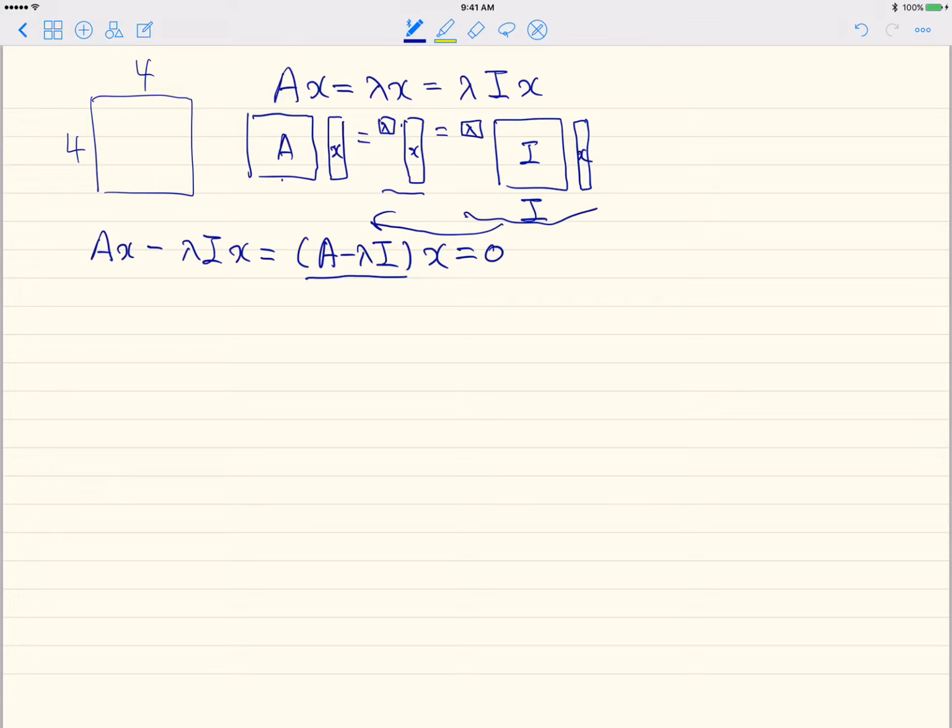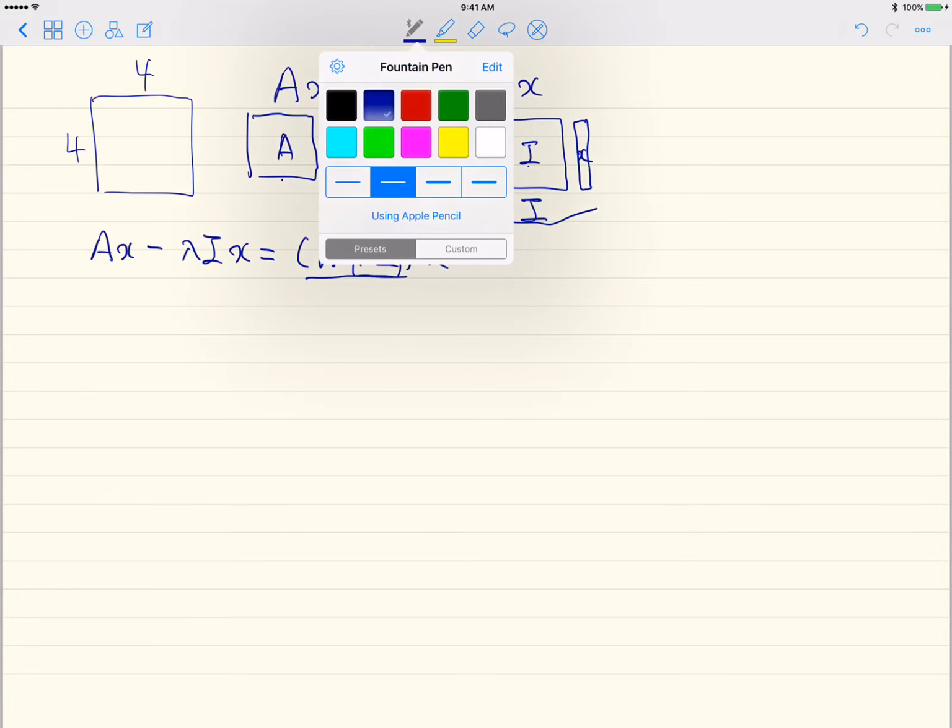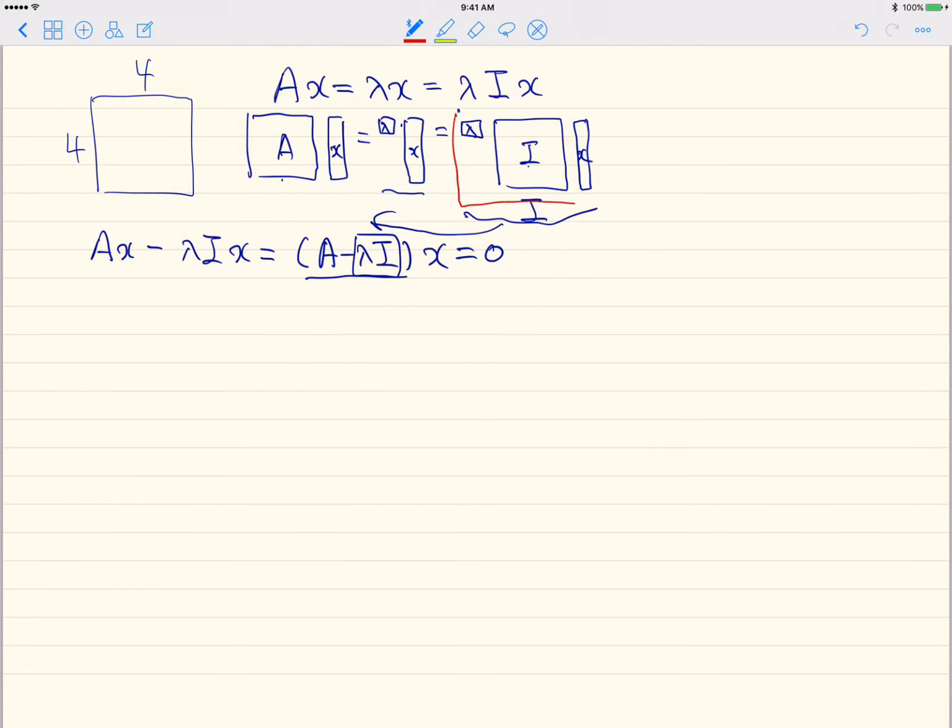A was this, and lambda times I: suppose lambda was 3 and the matrix size was 4 by 4.